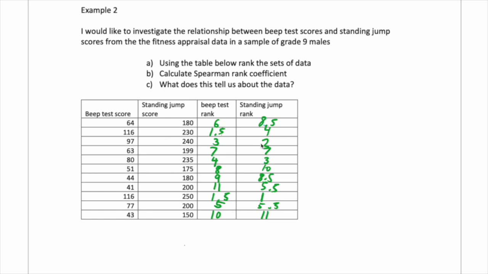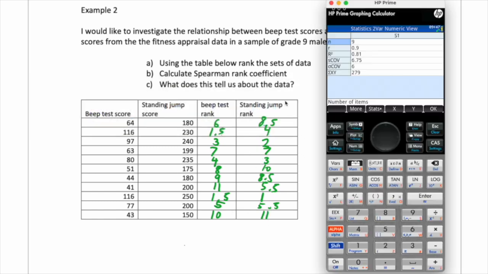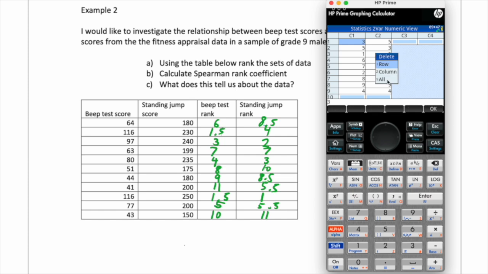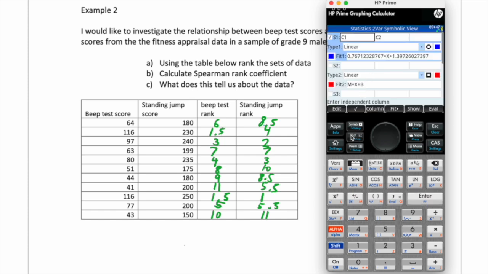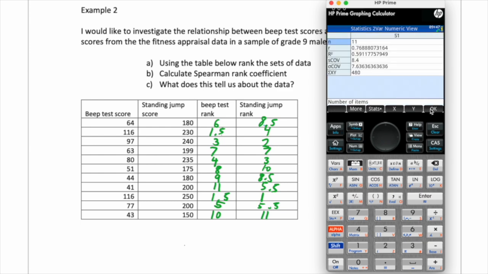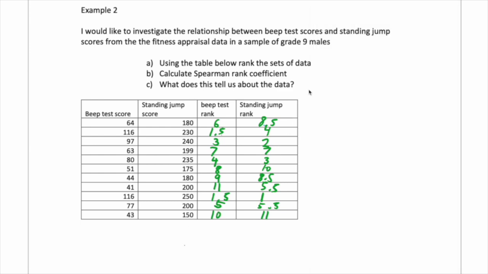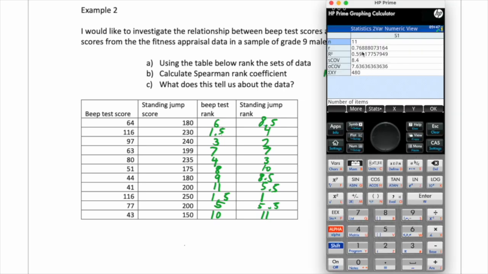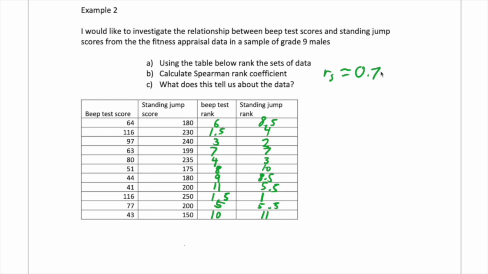Once we have all the ranks typed into our table, we can type them in here. Let's make sure everything's okay. Yep. Click on stats, and we get an R value. So RS is about 0.769. That's moderate, I would say, or kind of debatable. Some people might call this strong.